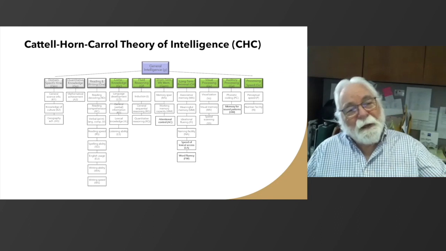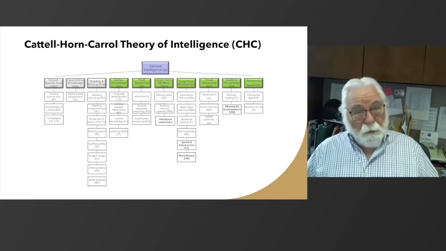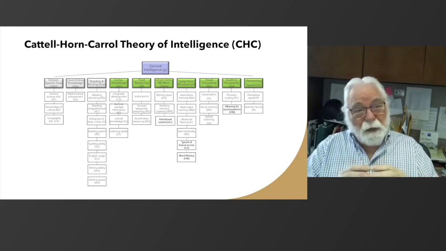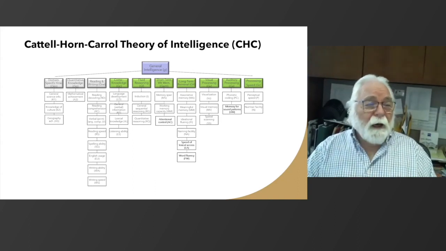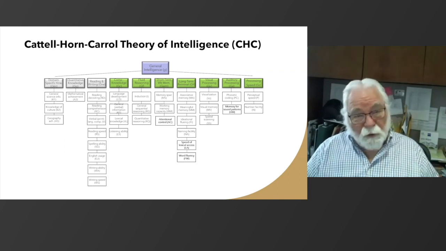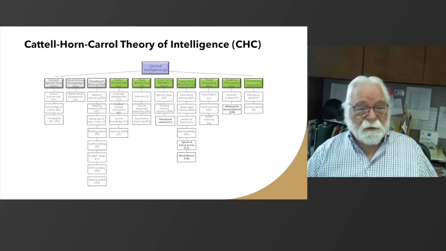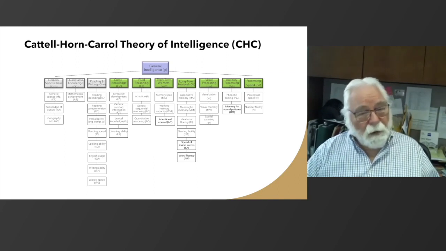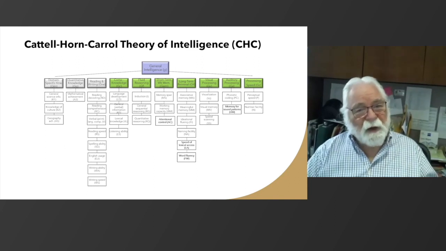I just put up this little graphic because this represents, and I'm not endorsing a singular test right now, but the Woodcock-Johnson test of cognitive abilities measures more of the Cattell-Horn-Carroll theory than any other cognitive test. So this green represents 7 cognitive skills that you need to be successful on this planet and in school. And so the Stanford Binet measures 5. The Wechsler scales measures 5.